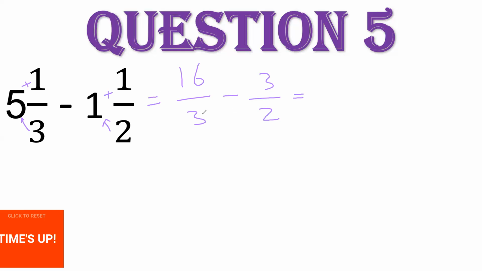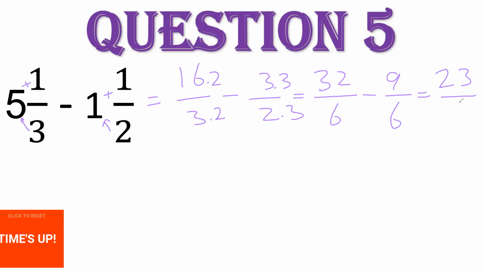If you do that, you just make them equal, times by 2 each, and times by 3 each. 2 times 16 is equal to 32 over 6 minus 9 over 6. So 32 minus 9 is equal to 23 over 6. For 23 over 6, how can we convert to this format again?